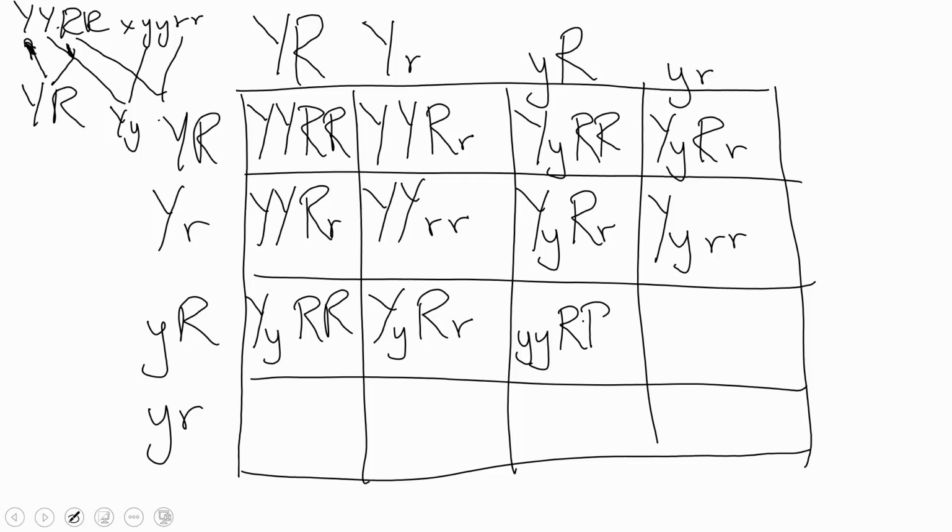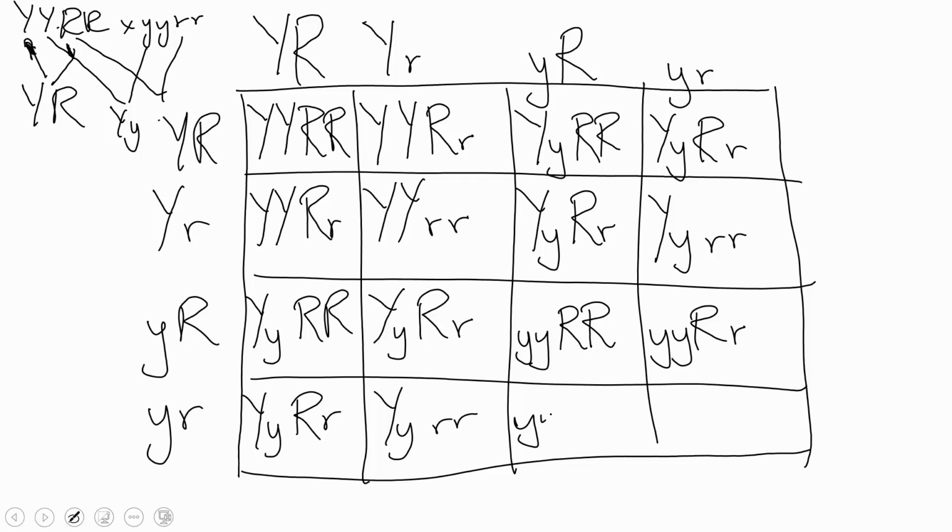We haven't seen this combination before. And then two small y's, capital R, small r, and then big R, small y, capital R, small r, big Y, small y, two small r's, two small y's, one big R, one small r, and the last one is all small.